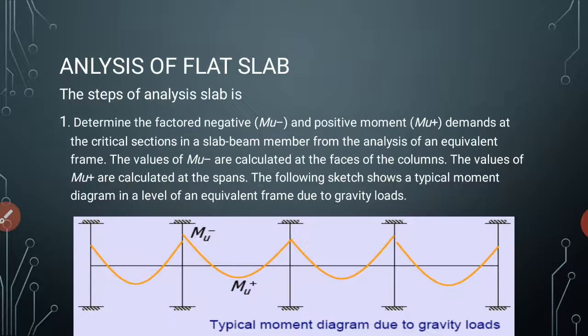The steps for the analysis of flat slabs are: in every analysis we have to go for the moment, but here in the flat slab we have to go for the positive moment and negative moment. We have to take care of both the moments which are occurring in the section, that is factored negative moment and factored positive moment.